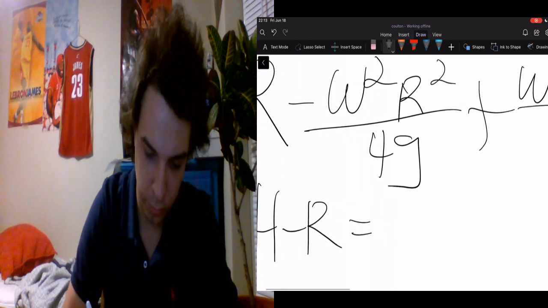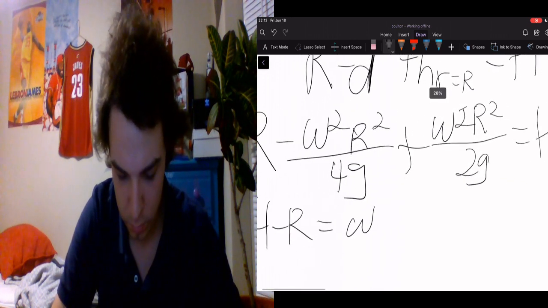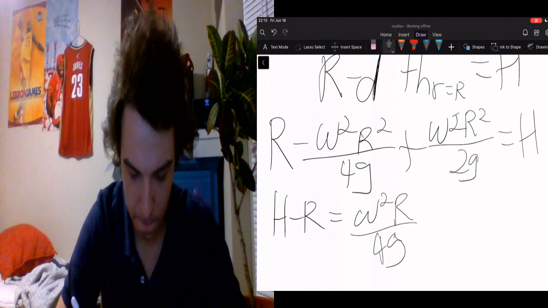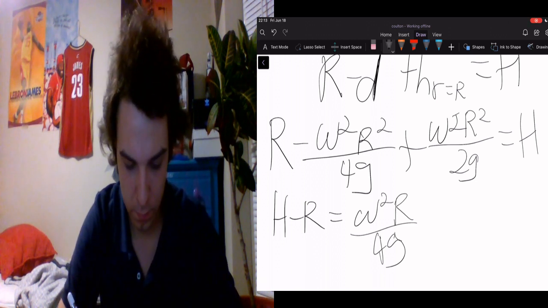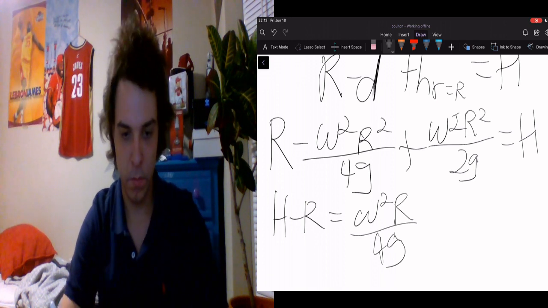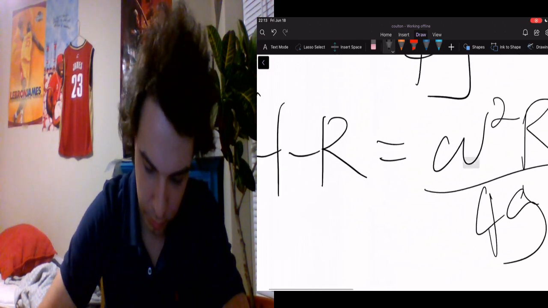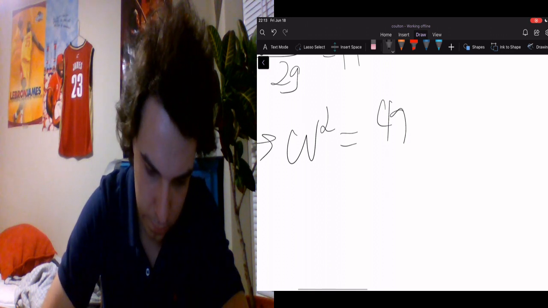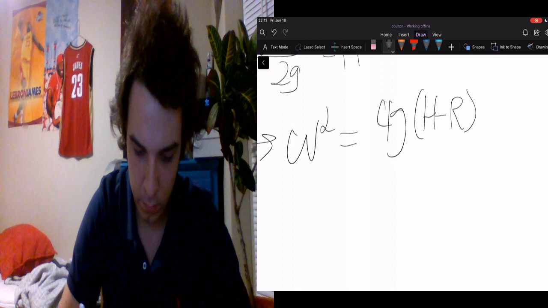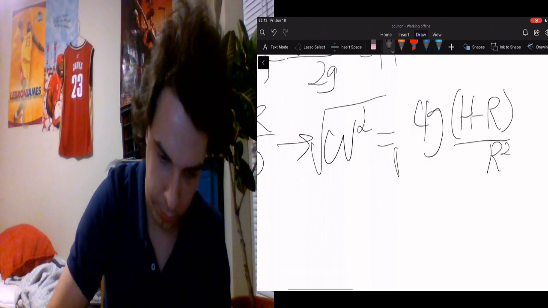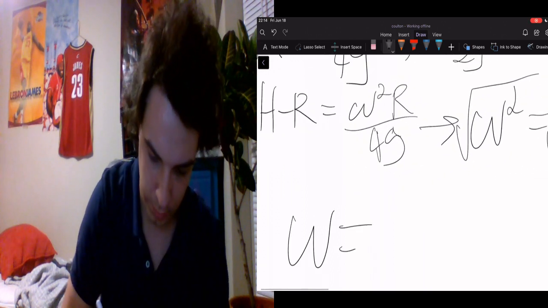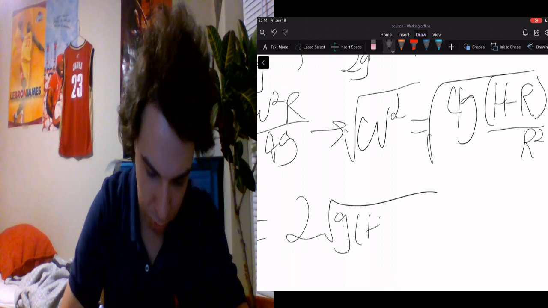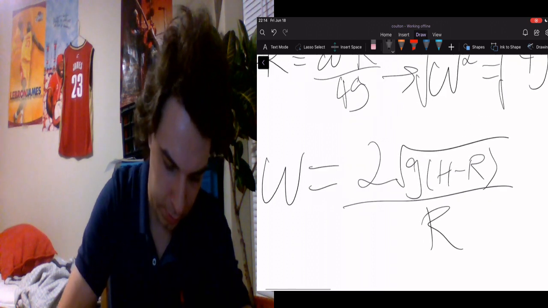H minus R is equal to omega squared times R over 4g, and then we want to isolate the omega now, and we get omega squared equals 4g times (H minus R) over R squared, and then take the square root of these, and we get omega equals 2 times the square root of g times (H minus R) over R, and that is our max angular velocity.